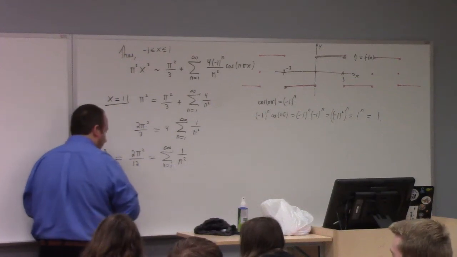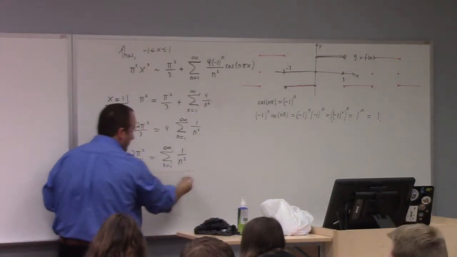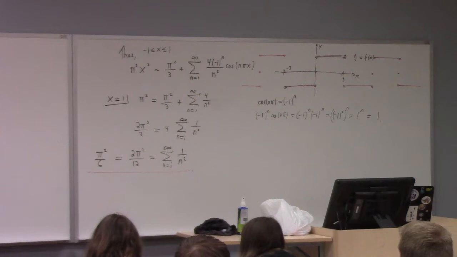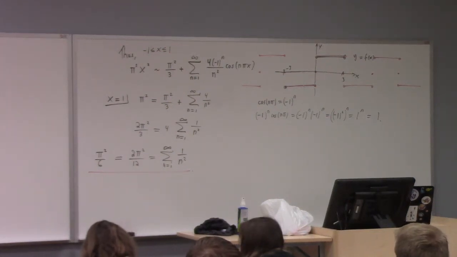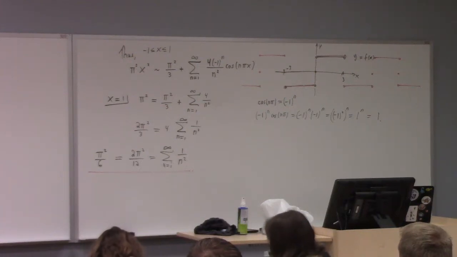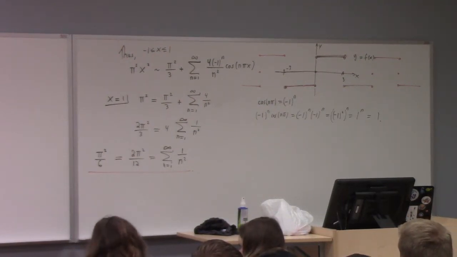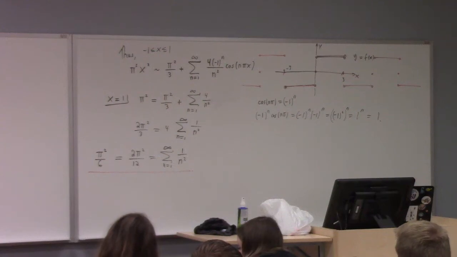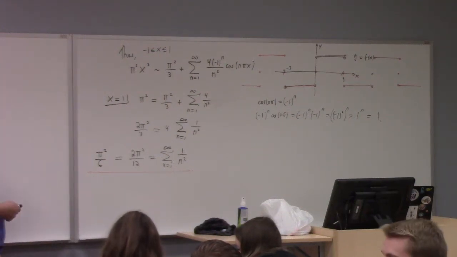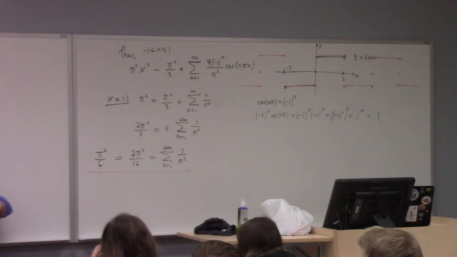And there you go. This is why the p equals 2 series converges to pi squared over 6. And this is probably how Euler knew this in 1737 or whenever it was that he learned this, because Euler understood trigonometric series pretty deeply. Or maybe he just worked it out because he's Euler, I don't know. But I wasn't there. But I find this to be a somewhat comforting reason.